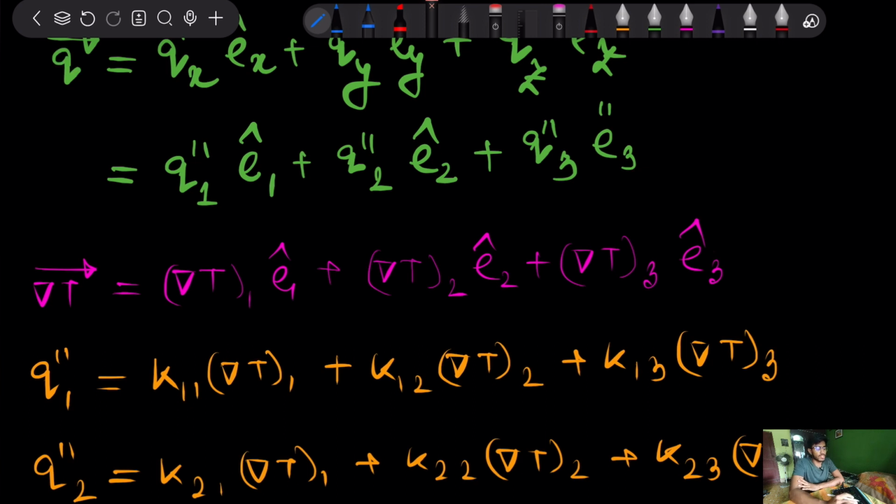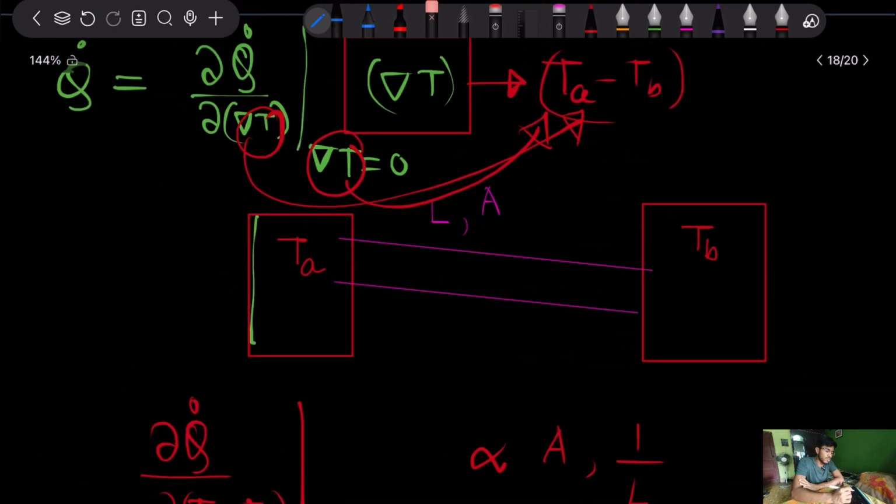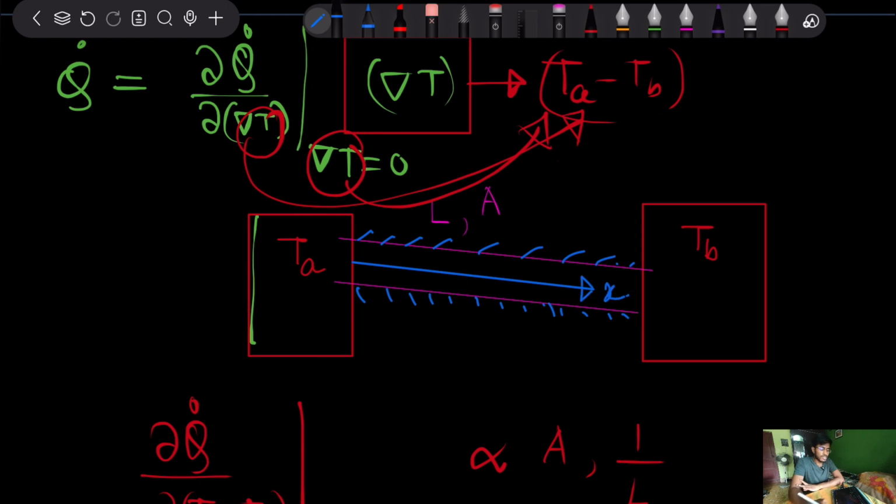In this kind of experiment, what we actually do is deal with only one direction; we insulate the other directions so that there is no heat transfer in the transverse directions. So heat transfer is only allowed in this direction, maybe this is x.